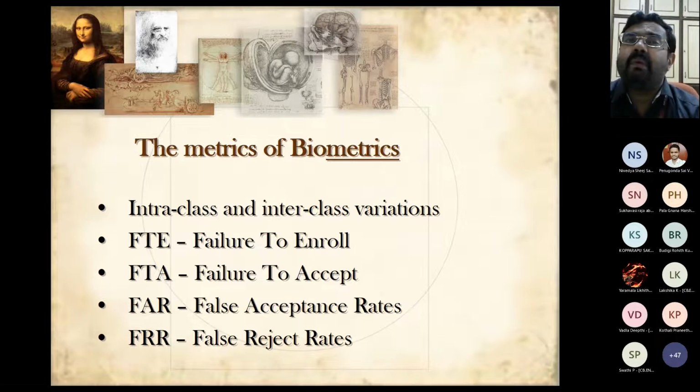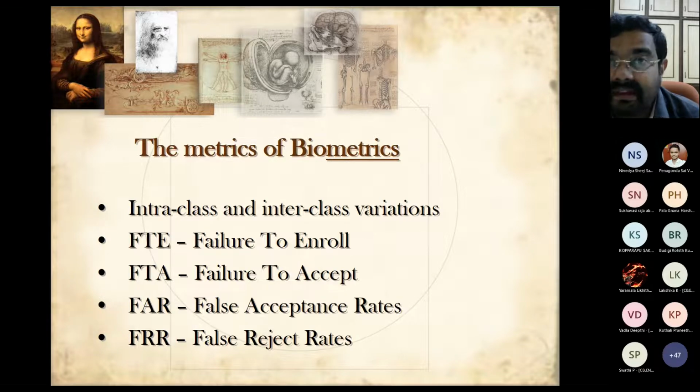It cannot be 1 in 1000. Even 1 in 1000 is unacceptable. If your FAR is 0.01 or something, 1 in 1000 people is accepted falsely. It is unacceptable because that 1 in 1000 person who is being accepted falsely into the system may turn out to be a terrorist, a criminal. So it is absolutely unacceptable.